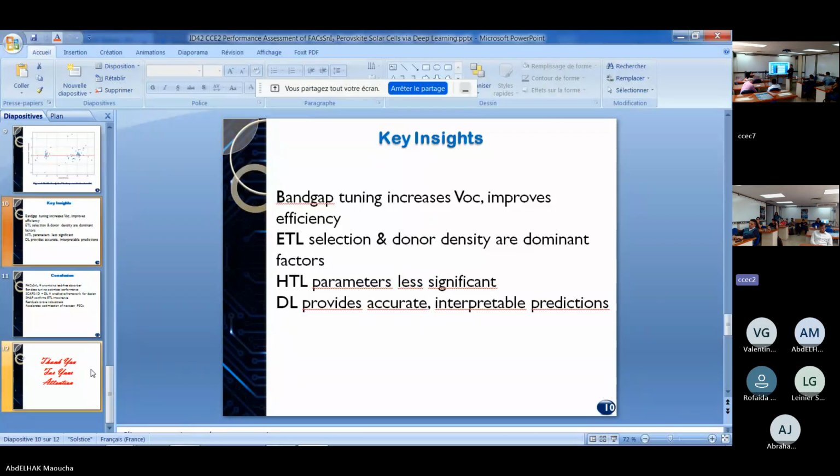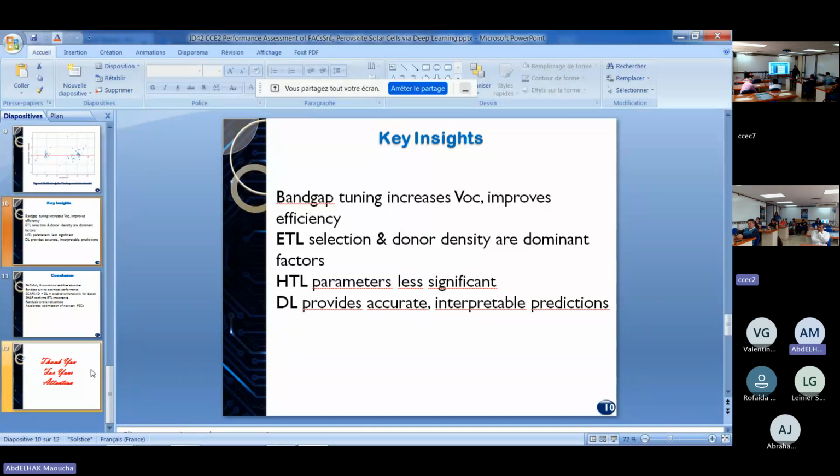So unless you have information about all these things for the HTL parameters, you can say that. But I don't believe that the parameters in the HTL layer become less significant.